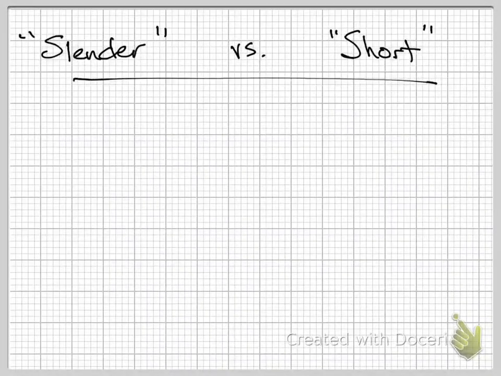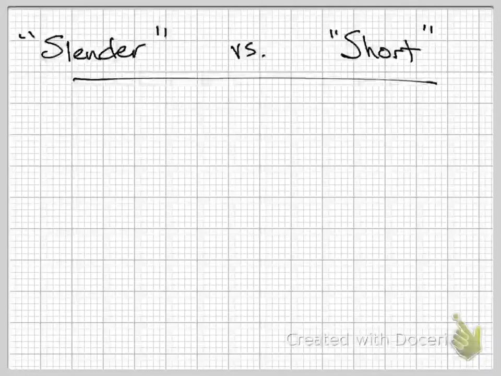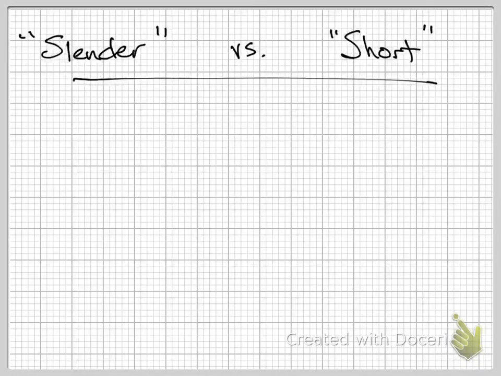So in general, we're going to talk about slender columns and short columns. The slender columns are going to act more like a long skinny thing, and the short columns like a short wide thing.